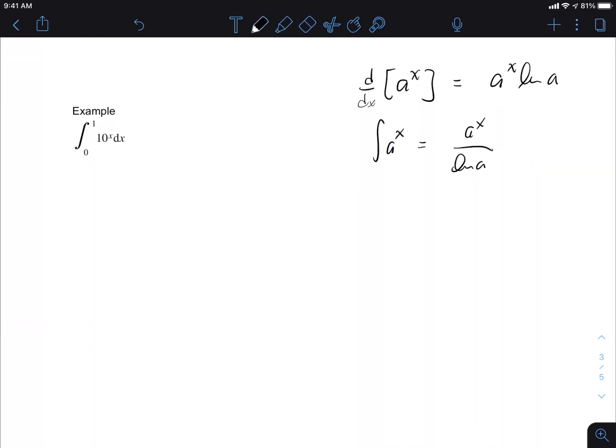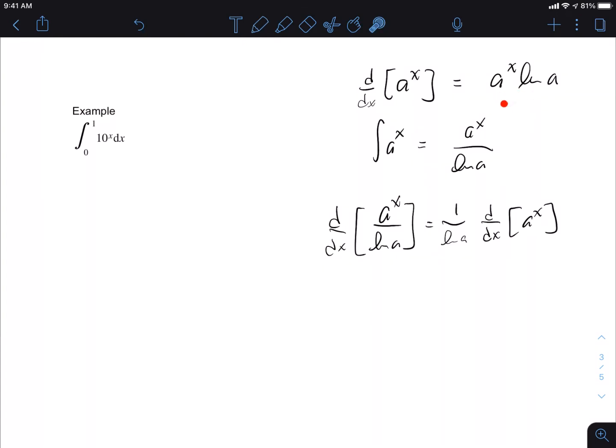Okay? So watch. If I take the derivative of this, ln of a is a constant, correct? Does everyone agree with that? So I'm going to get 1 over ln of a times the derivative of a to the x. But what is the derivative of a to the x? I gave it to you up here.